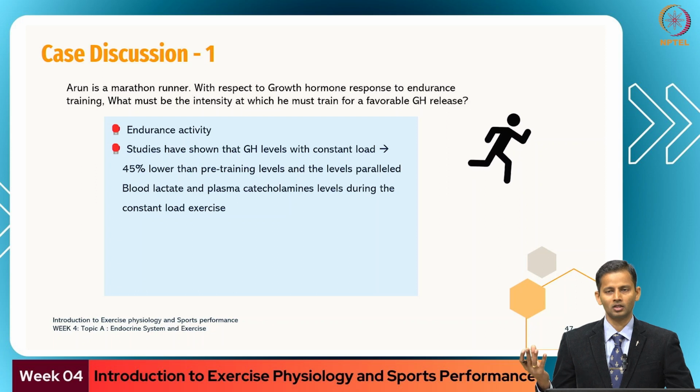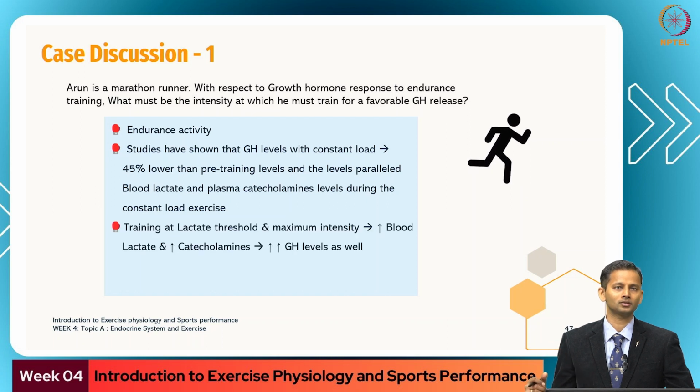So, conversely, you can assume that when you increase the level of blood lactate by means of training or by increasing the catecholamine levels in the blood, there has been increase in the levels of growth hormone as well. So, this information can be incorporated in your practice.